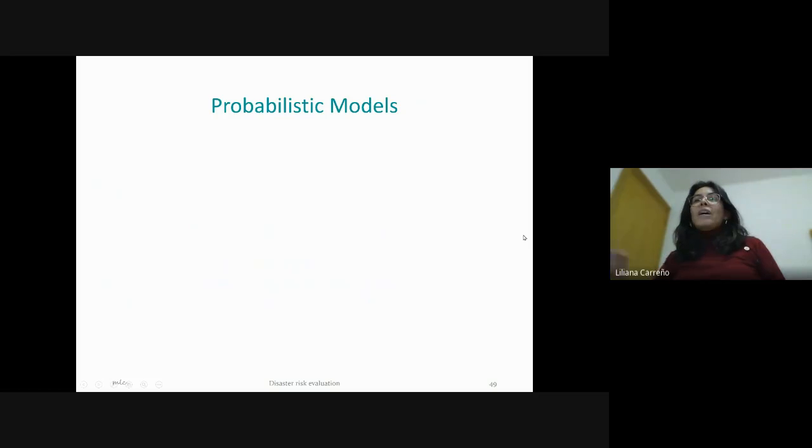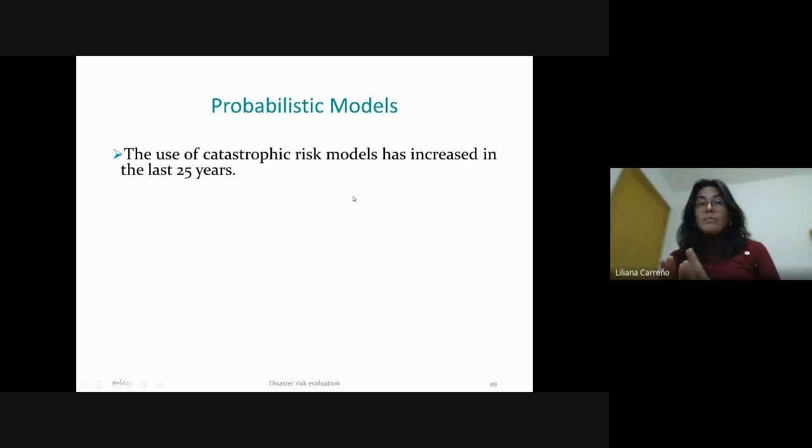So now I would like to have some comments around the probabilistic models that you have seen here. The first one, the use of catastrophic risk models has increased in the last 45 years.